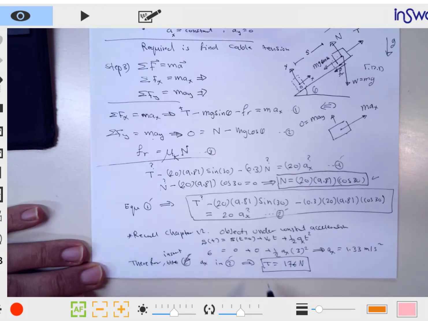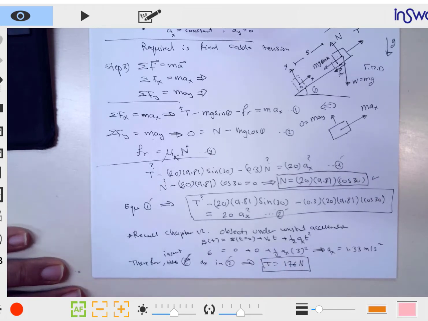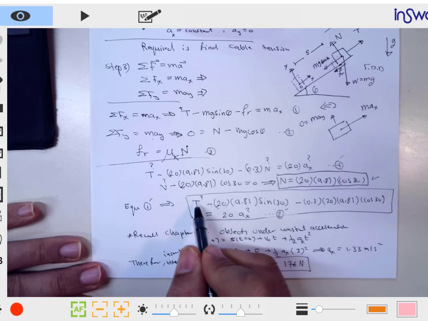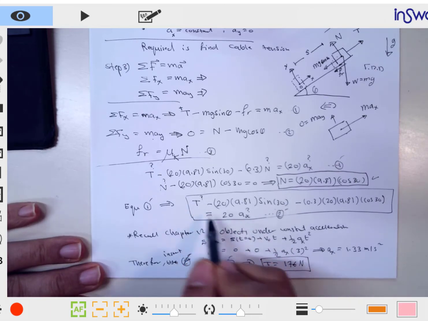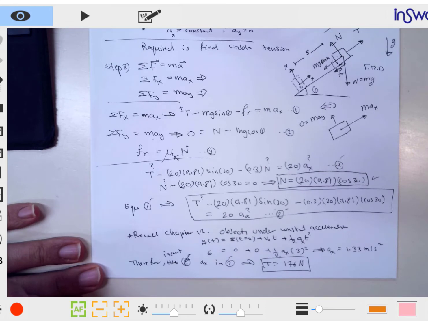So that's how we calculated the tension. I took this number, plugged it in here, and calculated T. That gives me the total tension.